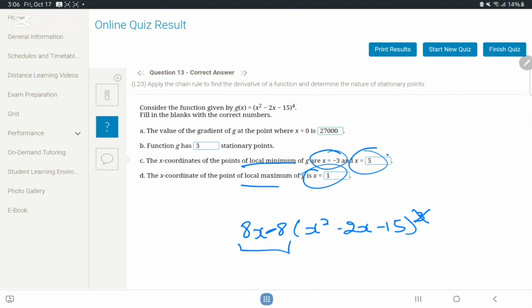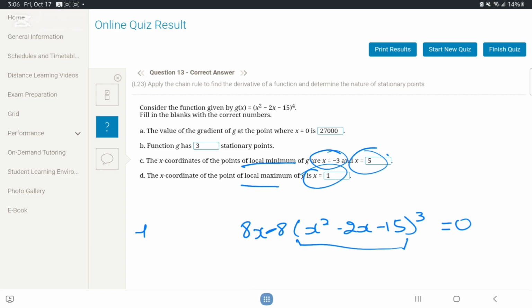First of all, let's find, since already derived, let's make it equal to 0. So 8x minus 8 is equal to 0. So it will be 8x is equal to 8. X is equal to 1. So you have 1 right here. And if you do modify 3 of x squared minus 2x minus 15, again, ignore the cubed.